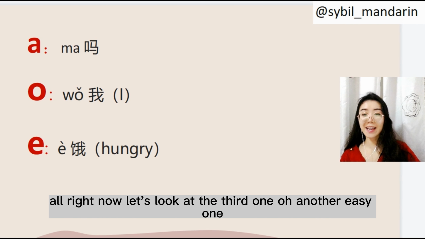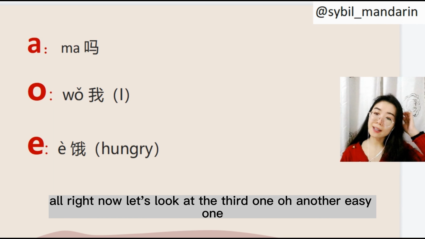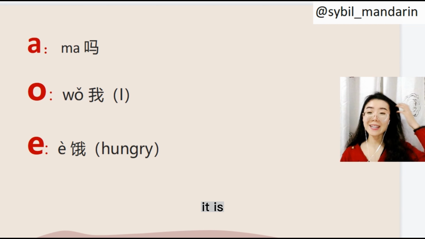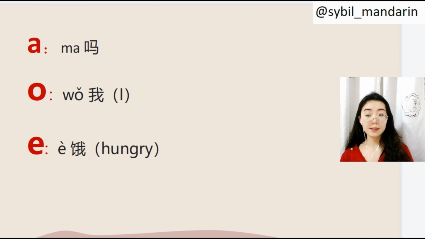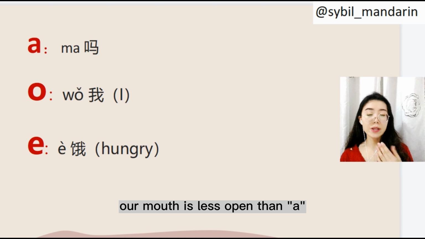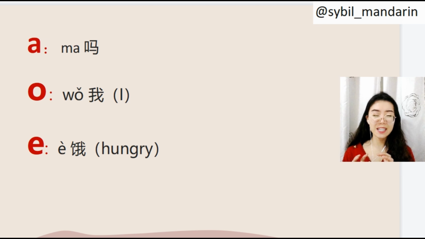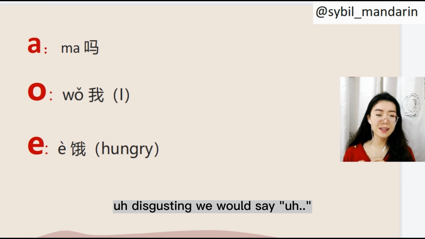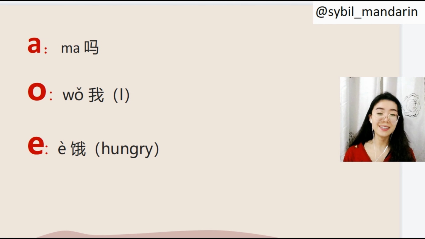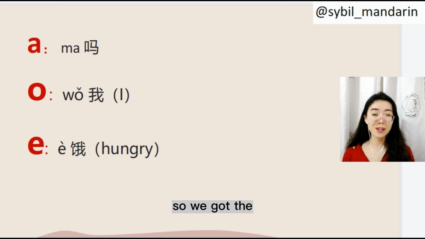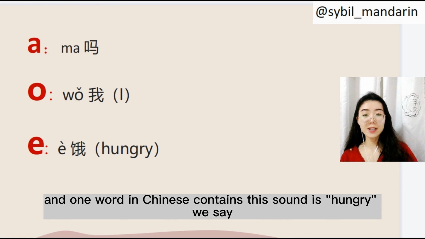Alright, now let's look at the third one. Oh, another easy one. It is uh. Our mouth is less open than ah. Just imagine you've seen something really disgusting, and make that sound. One word in Chinese containing this sound is hungry.